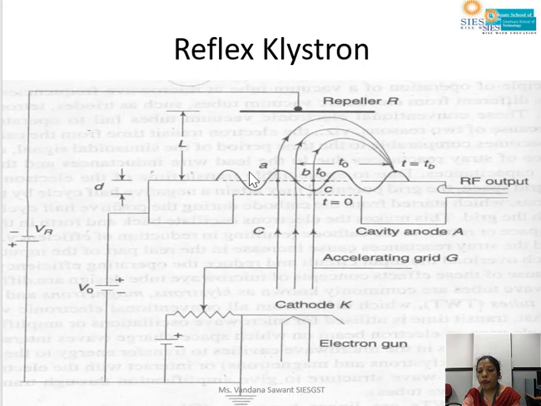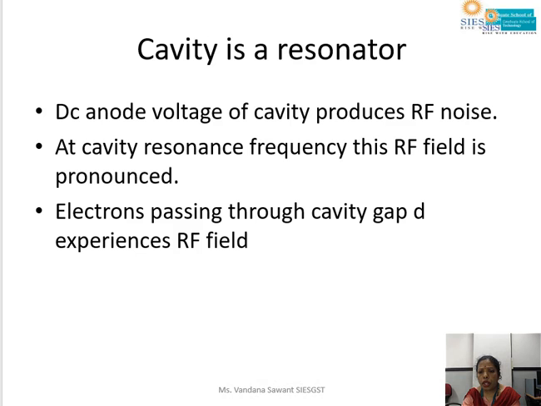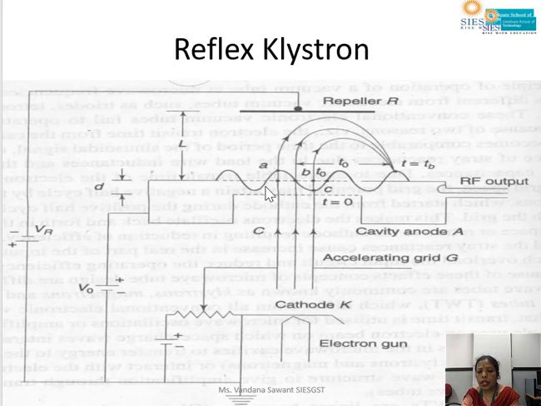So whatever signal is generated inside the cavity will resonate at a microwave frequency, so the generated signal will have a microwave frequency. This is the signal present inside this gap.